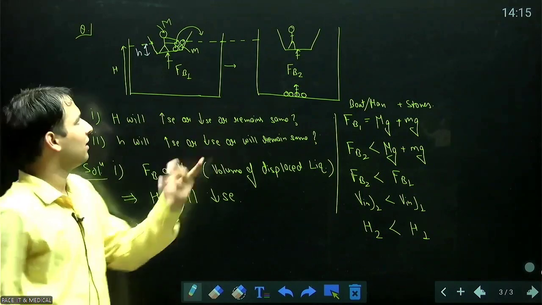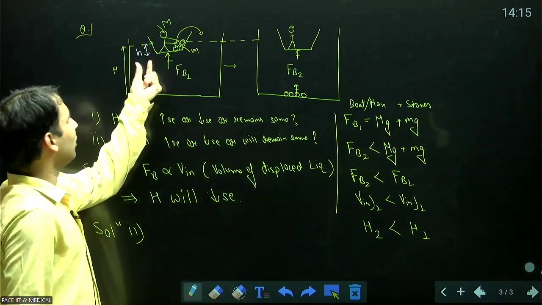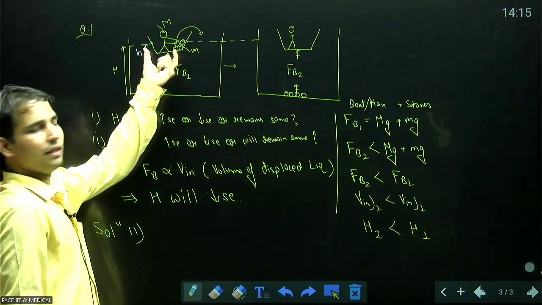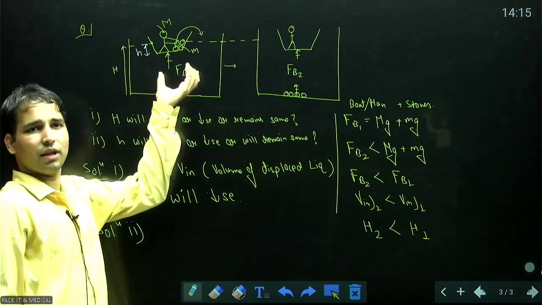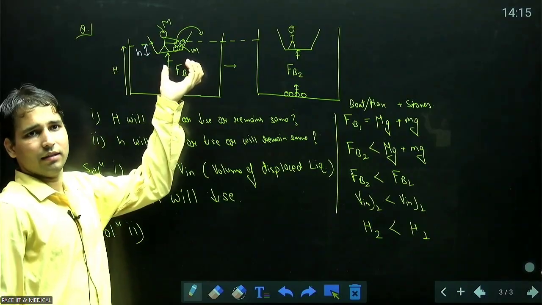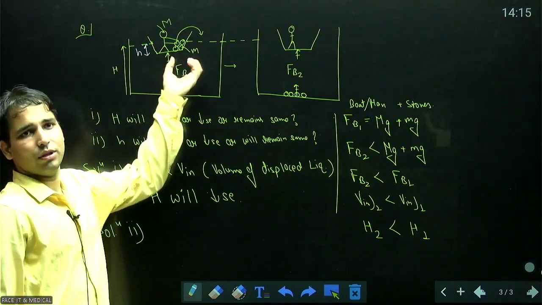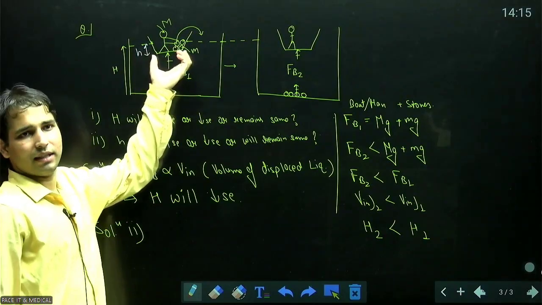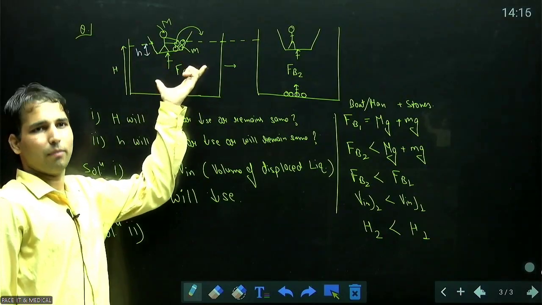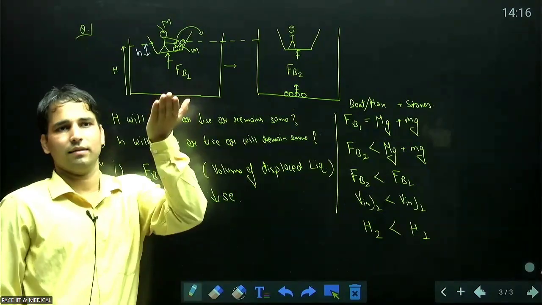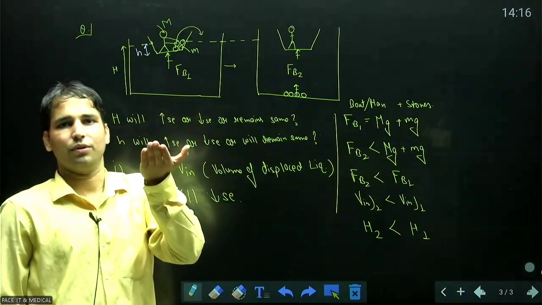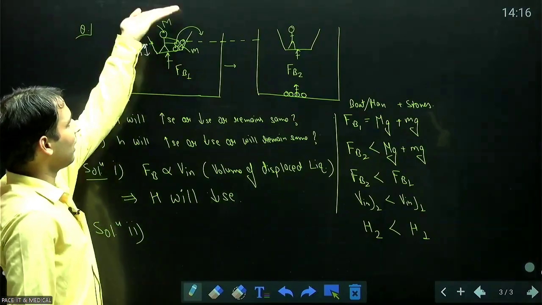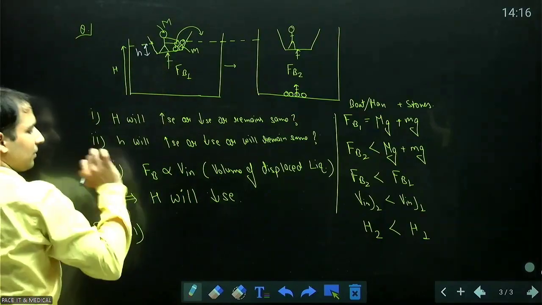So logically we can say this, because the weight of the boat has decreased, the mass of the boat has decreased, right? And some stones are thrown inside the water, right? So the boat will become light, and lighter things rise because there is upward thrust, buoyant force, right? So basically this boat will rise and this small h will also decrease, right?